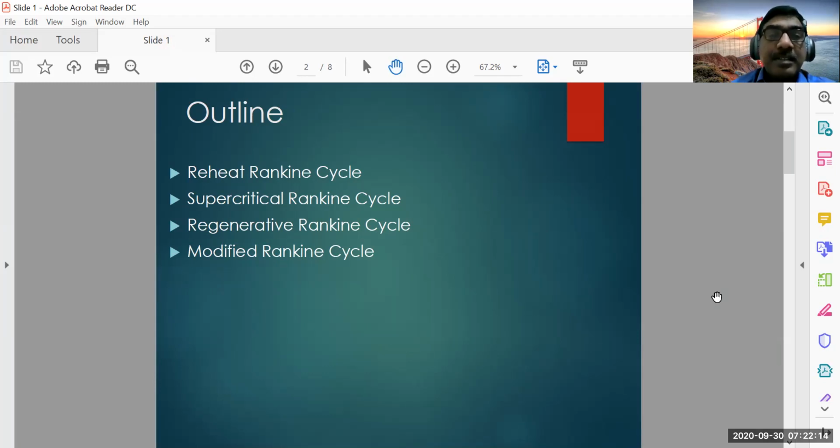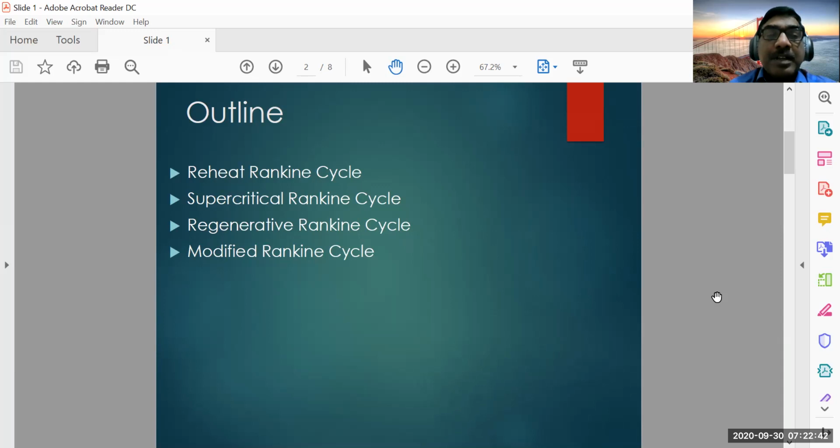One Rankine cycle is the reheat Rankine cycle. Reheat Rankine cycle means the steam will be reheated in between different stages. We'll discuss the basic purpose of reheat Rankine cycle is to decrease the moisture content at the end of expansion in the turbine.